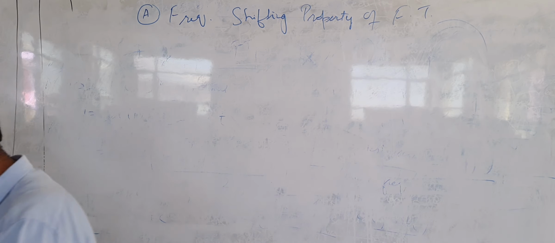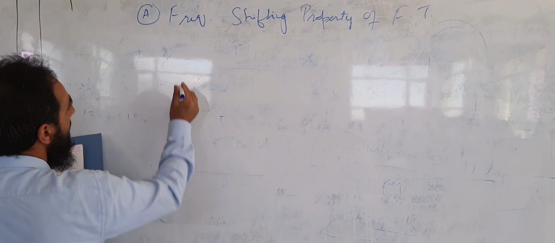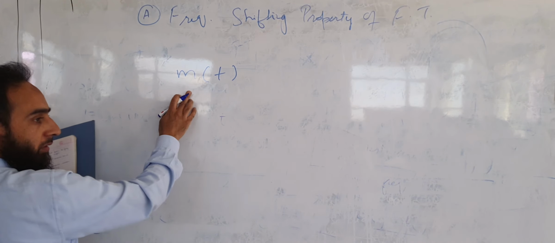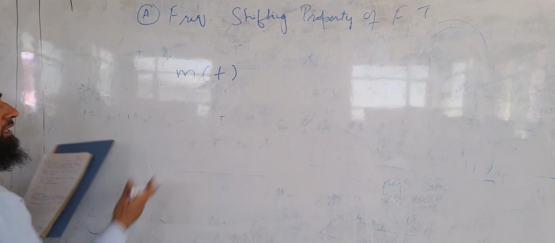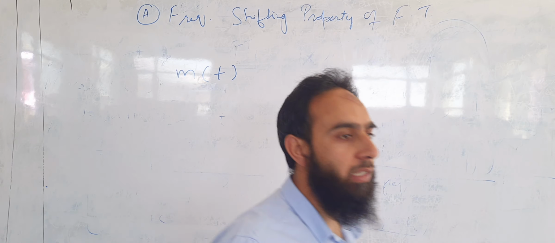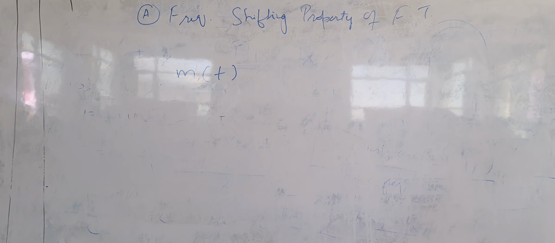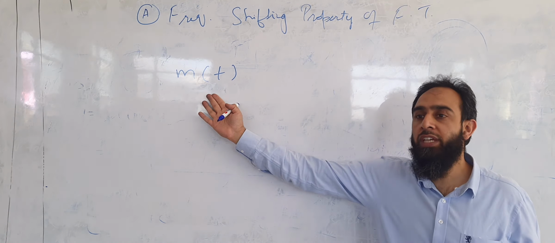उसकी एग्जांपल मैथमेटिकली अगर हम समझे, let m of t be the message signal. अभी तक हमने x of t को देखा था, वो एक जनरल सिग्नल था. अब से आइंदा के लिए जब तक हमारा सेमेस्टर खत्म होता है, we will say m of t is the message signal.